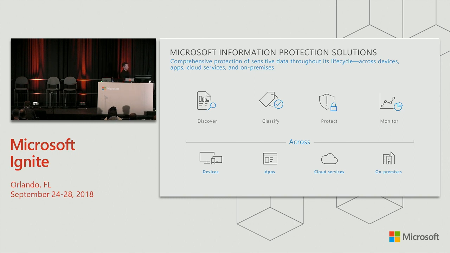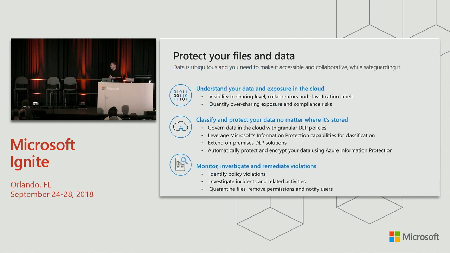There is the surface of the devices themselves, the surface of the applications, the cloud services, and the surface of the on-premises. And Cloud App Security fits into this solution approach and provides the ability to extend all of these capabilities to cloud applications, and it's uniquely integrated with Office DLP, with Azure Information Protection, and also looking forward with the rest of the information protection solutions within Microsoft.